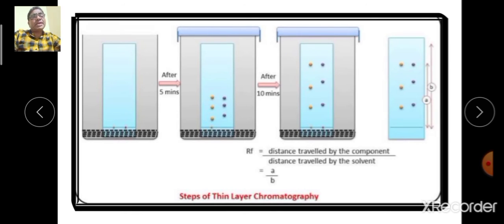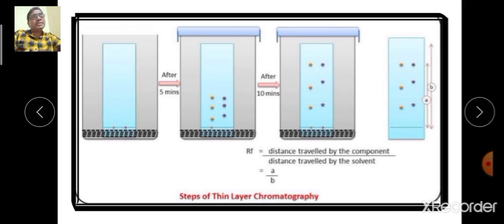The plate is kept in the chamber for the required distance or the required time. When the solvent front reaches the required condition, the plate is removed from the chamber and dried. If the separated components are colored, they are located easily on the plate, and if they are colorless, they are located by using detecting reagents.